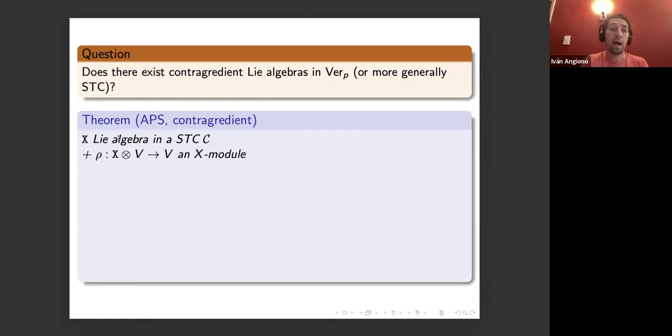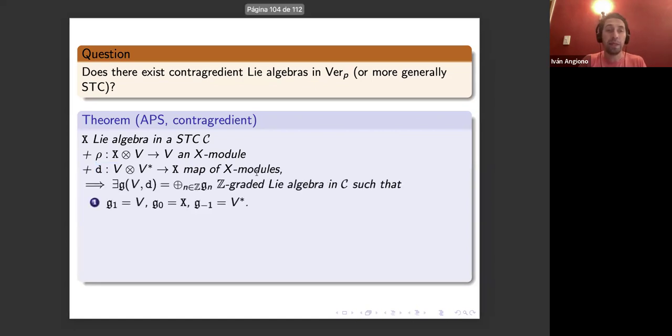And I told you that the category of modules over X is a symmetric tensor category. So you have duals, you have tensor products, and so on. So you are able to construct the dual, among other things. So you may ask to have a map D from B tensor B dual, which is an X-module, to X itself, which is again an X-module with the adjoint action, and to ask for this map to be a map of X-modules.